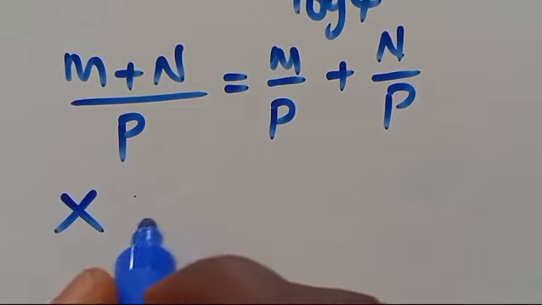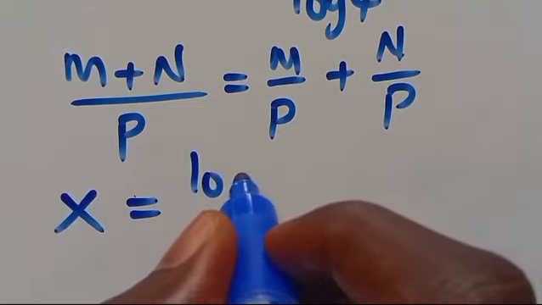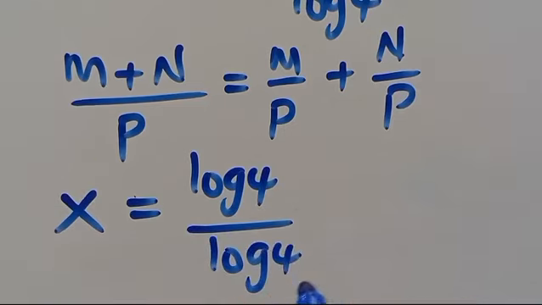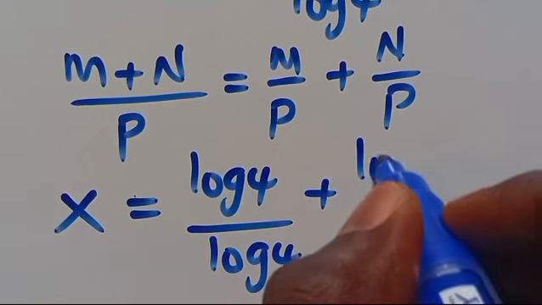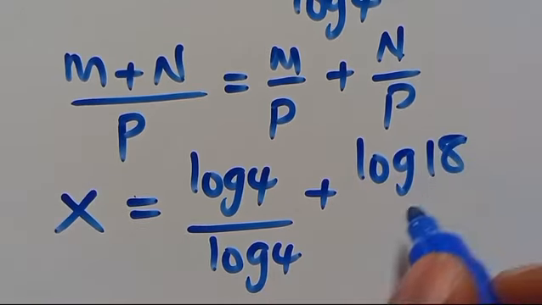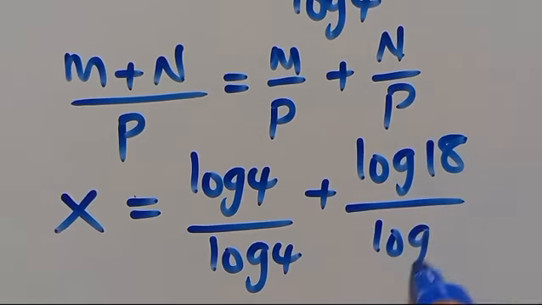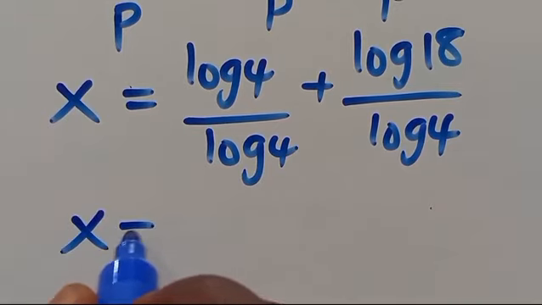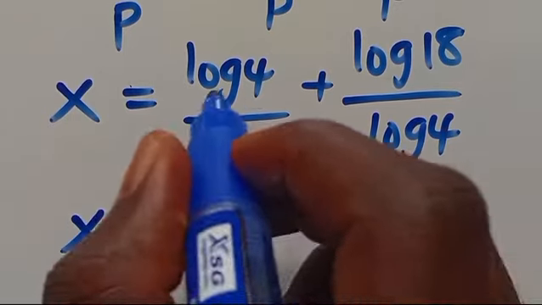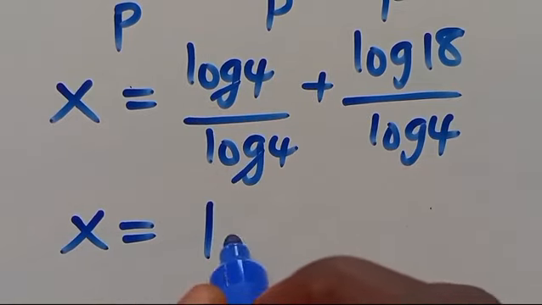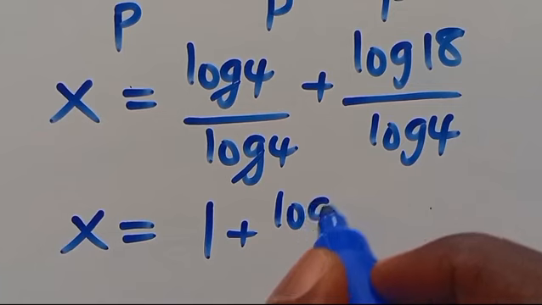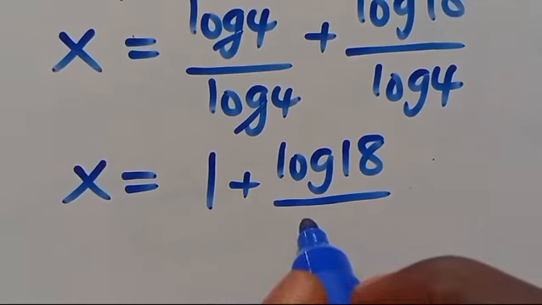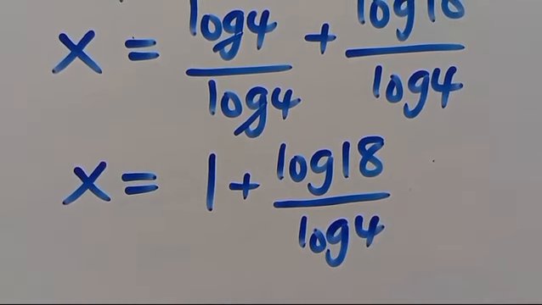So we have x equals log 4 over log 4 plus log 18 over log 4. So we have log 4 divided by log 4, they are the same, so this will be 1 plus log of 18 over log 4.